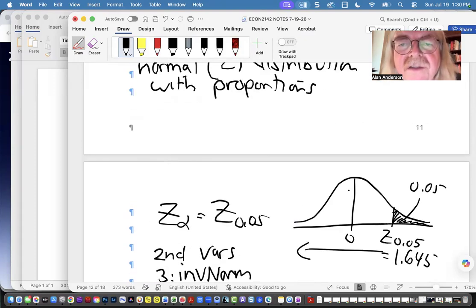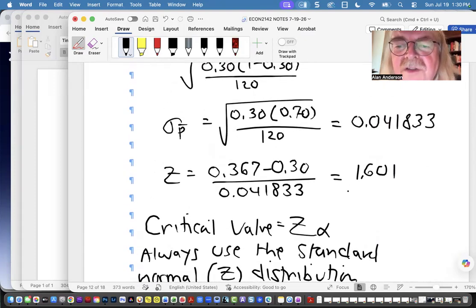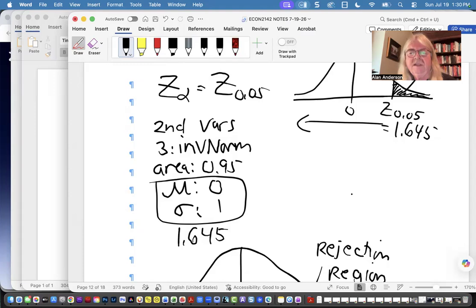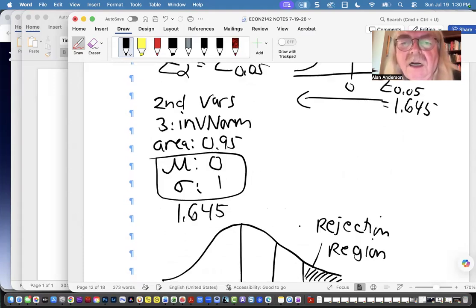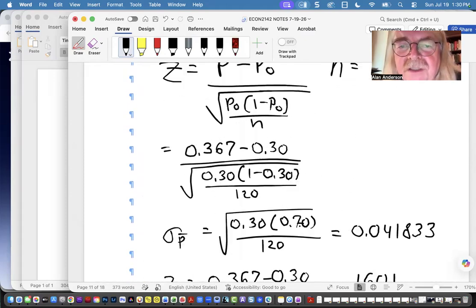And if you recall, our test statistic was 1.601. Ooh, another close call. Look at that. All right, so that means clearly we do not reject the null.